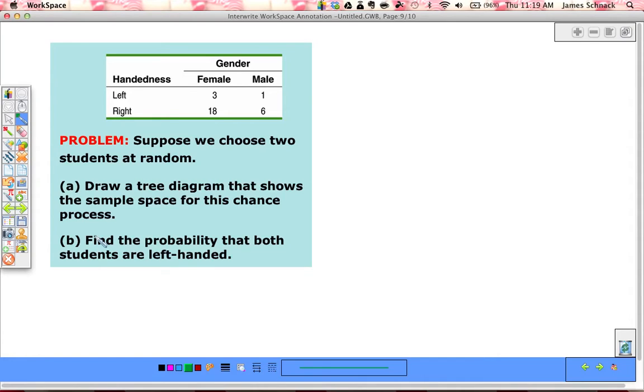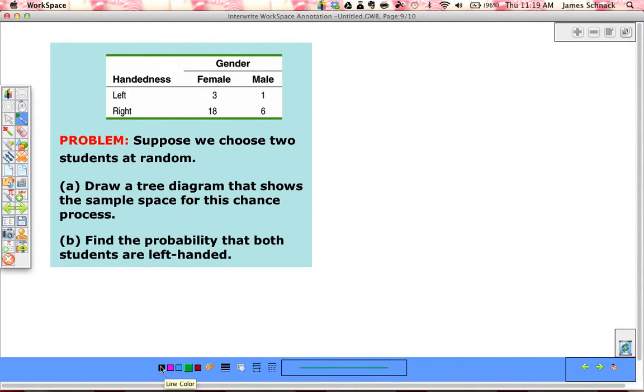This one's not quite as straightforward. We have a class, we have left-handed people, right-handed people, males and females. Suppose that we choose 2 students at random, draw a tree diagram that shows the sample space, and find the probability that both students are left-handed. So what we care about is whether or not the student is left-handed or right-handed.